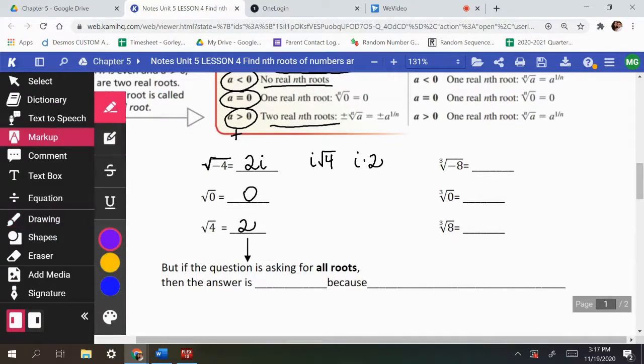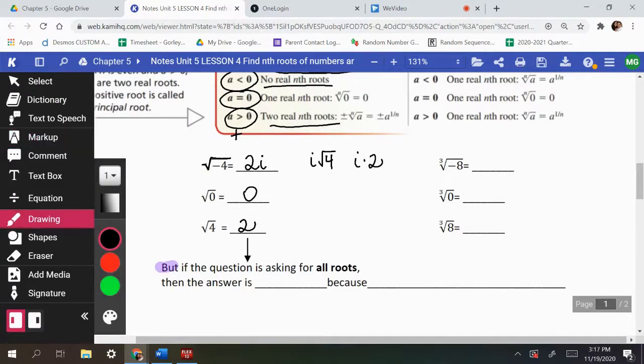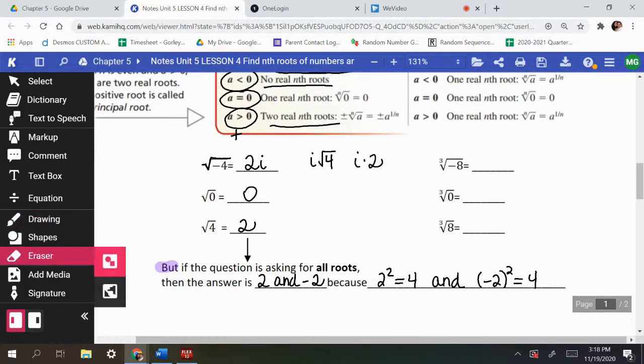But, here's a big but, if the question is asking for all roots, then the answer would be 2 and -2, because 2 squared is 4 and -2 squared is 4. So it's all depending on how the question's set up. If the question's set up with the radical in the original question, you just put the one answer.